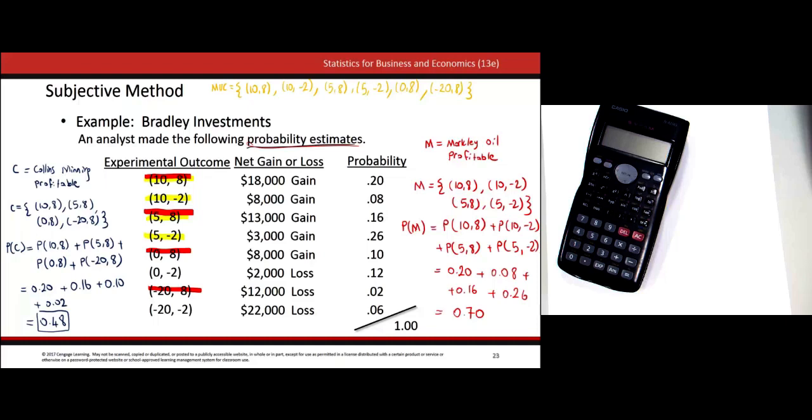And what's the probability of M union C? You only exclude the ones where none of them is profitable, which is the sum of these sample points.